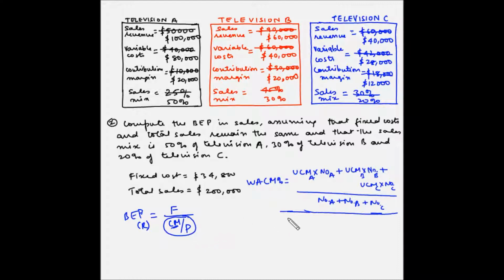Now weighted average of selling price will be the unit selling price for A multiplied by the number of units sold for A plus unit selling price for B multiplied by the number of units sold for B plus the unit selling price for C multiplied by the number of units sold for C divided by the total number of units sold, which is A plus B plus C. And this overall is the weighted average contribution margin. So this should be here.